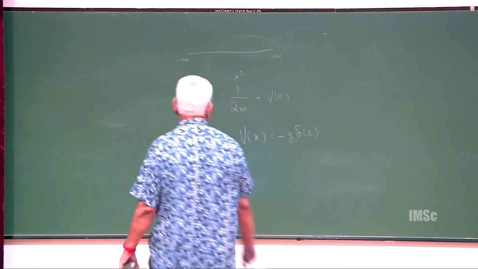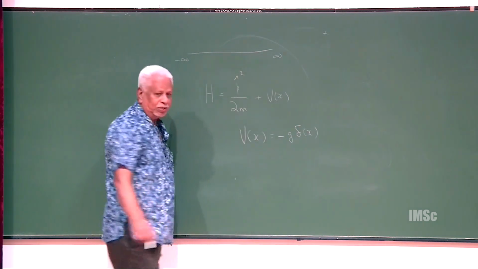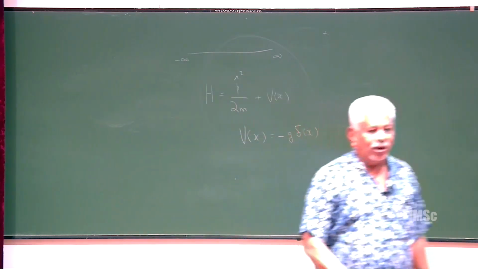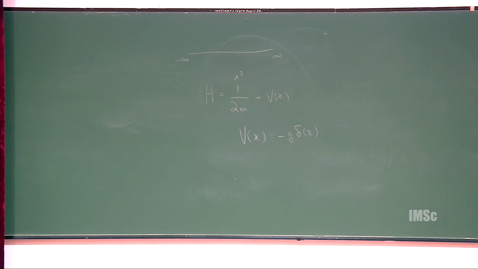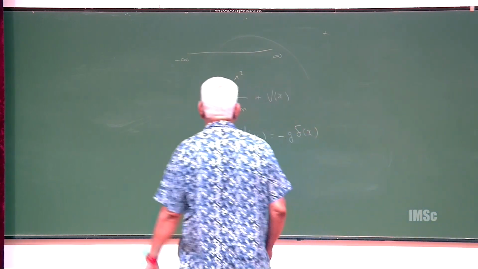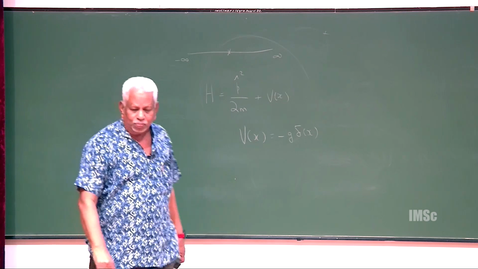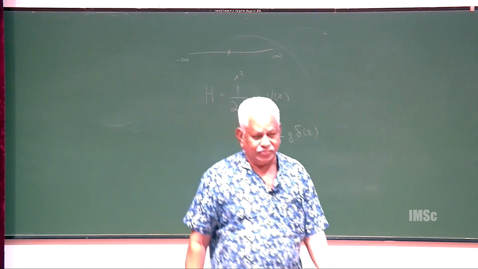The function is, in this interval from minus infinity to plus infinity, it is 0 everywhere else. The function is 0. And at this point, x is equal to 0, it is actually infinity.